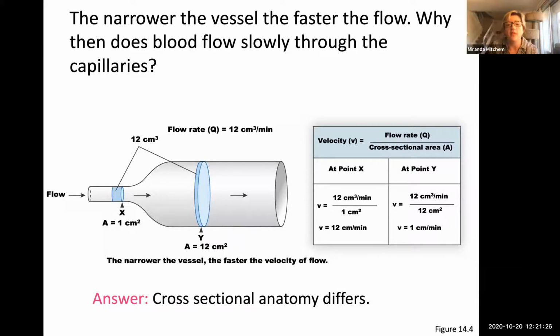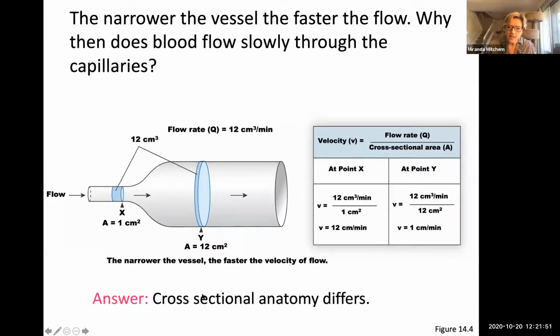It's almost nothing. And that's necessary. Think about what would happen if the blood moved through so fast, there'd be no time for exchange. So it's necessary that the velocity, the rate of our blood flow, slow down at the capillaries so that the job of exchange may happen.